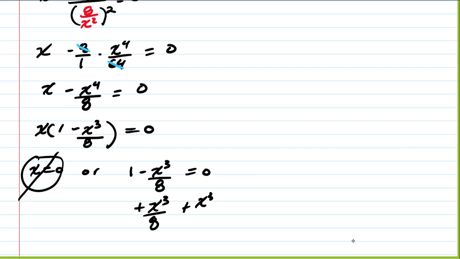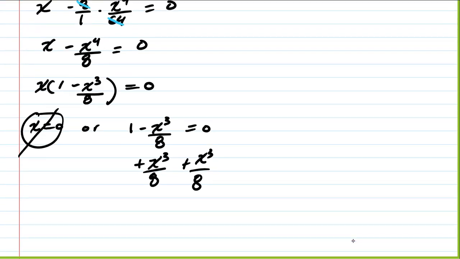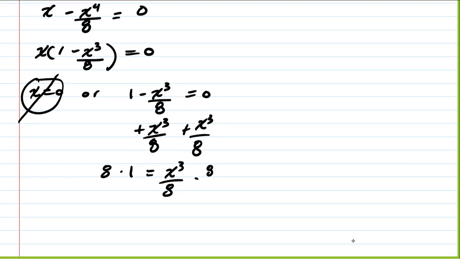And we add x cubed over 8 to both sides. 1 equals x cubed over 8, times 8. So we get x cubed is equal to 8. And we take the cube root of both sides. And the cube root of 8 is going to be 2.